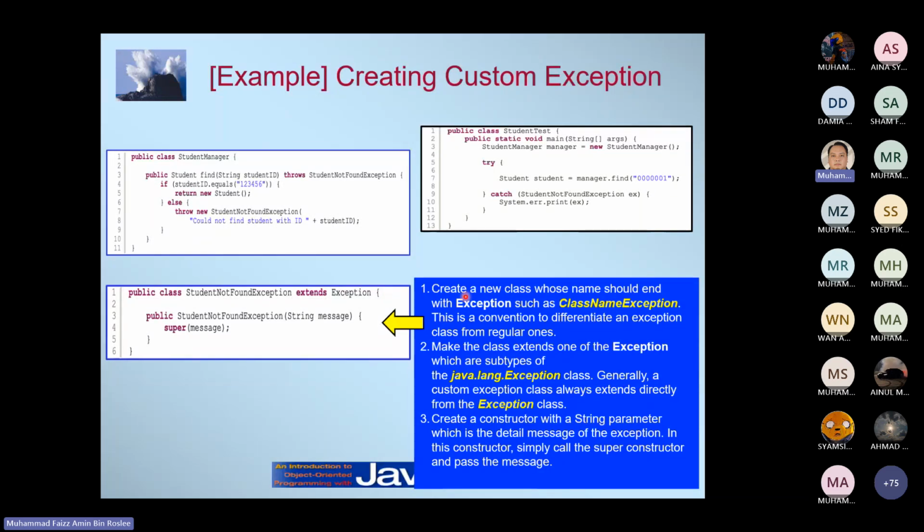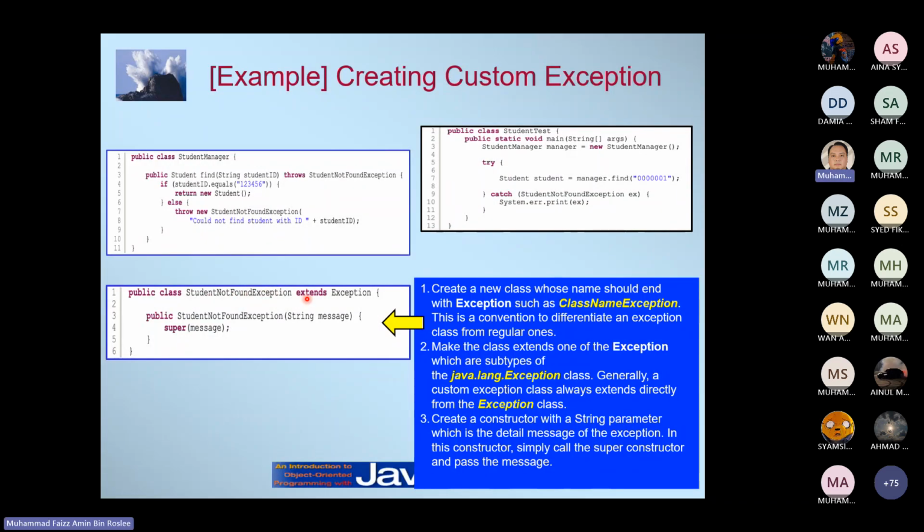First thing first, you need to create a new class. The name should end with exception, such as ClassNameException. So the best practice for the exception class that you want to create is that it must end with exception. For example, let's say something like InvalidCalculationException.